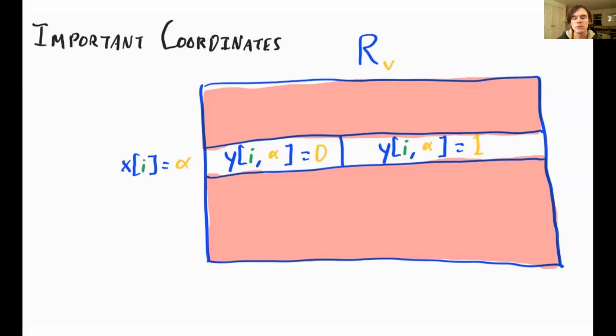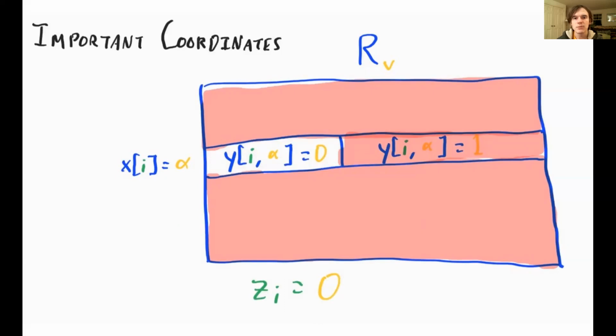Remember that we're fixing one particular value for the ith coordinate on Alice's side. And then when we query it in the decision tree, we're just going to throw out the wrong answer. So if we query the ith variable and get 1, we're going to only keep the part where the index gadget outputs 1. And if we get a 0, then we're going to only keep the part where the index gadget is 0.